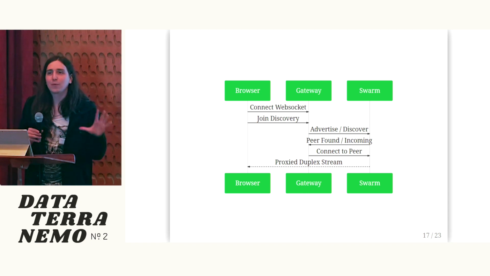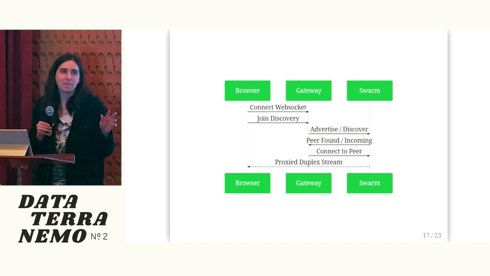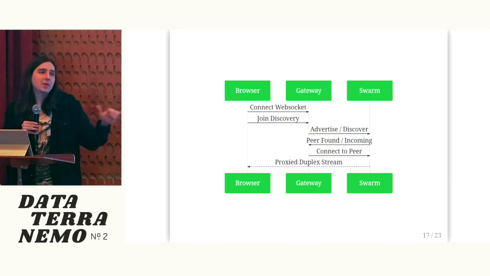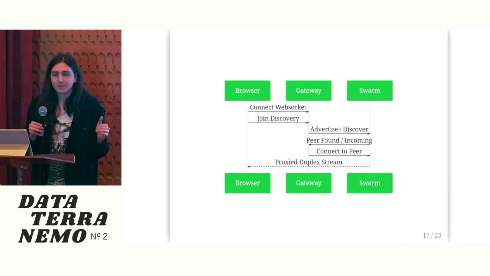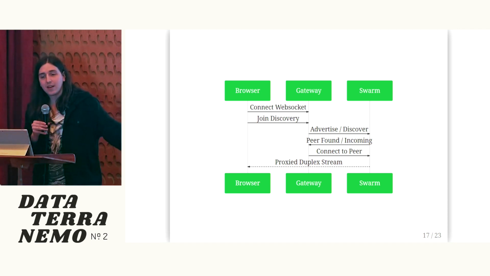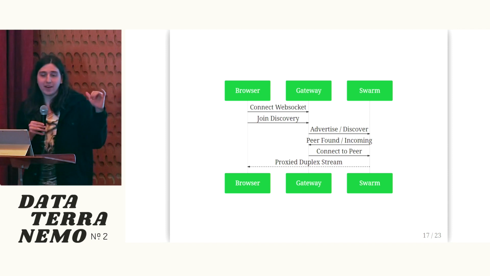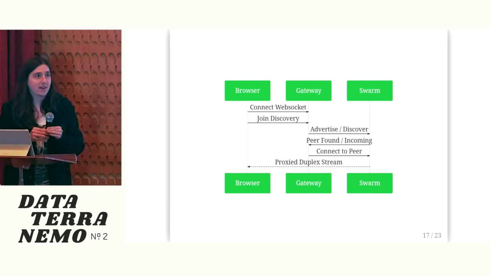So essentially what we wanted to do was we wanted the gateway to act as a sort of proxy. So I open a connection to this gateway. I tell it, hey, find me peers for this DAT key. It would then go to the swarm trying to find peers. Once it connected to a peer, it would then proxy that connection all over one socket.